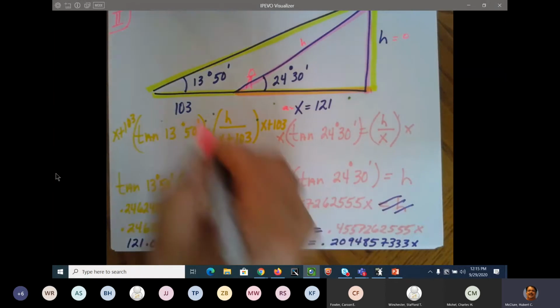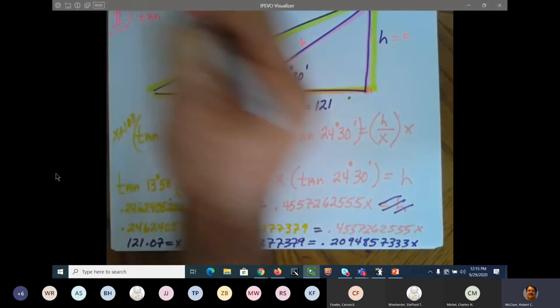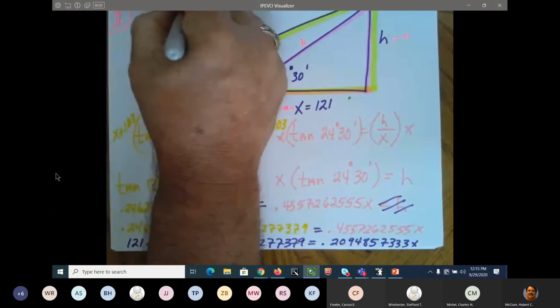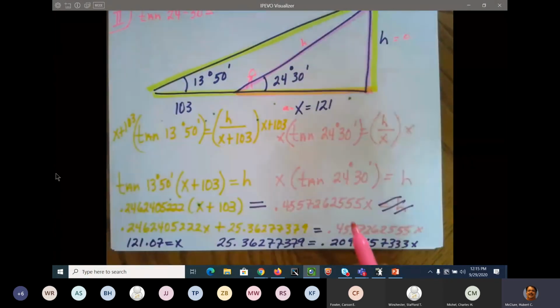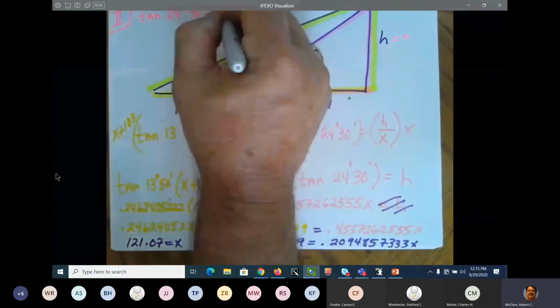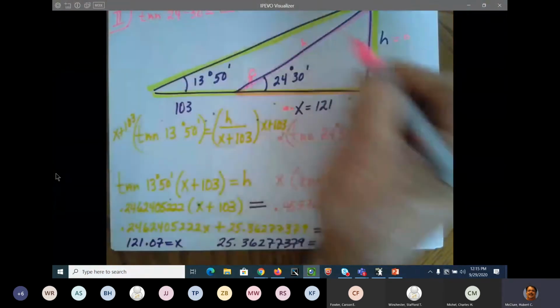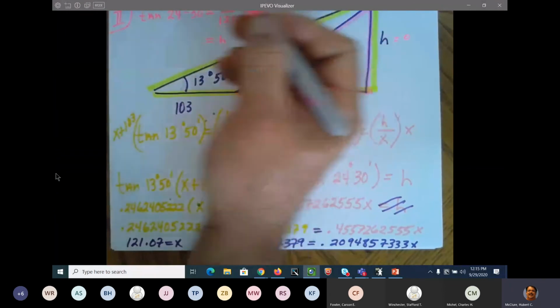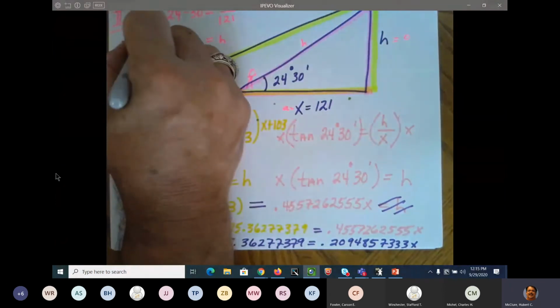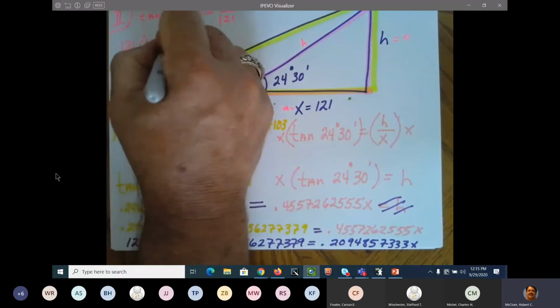So tangent of 2430 is equal to, Oscar had b, h over 121, and that is going to be h is equal to 121 times the tan of 2430.